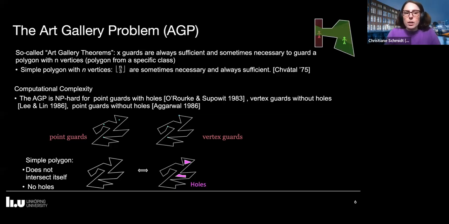The very first hardness result was for point guards in polygons with holes. Then Lee and Lin showed hardness for vertex guards in simple polygons, and then Agarwal expanded that to point guards without holes. So all the different variants of the traditional art gallery problem are NP-hard.